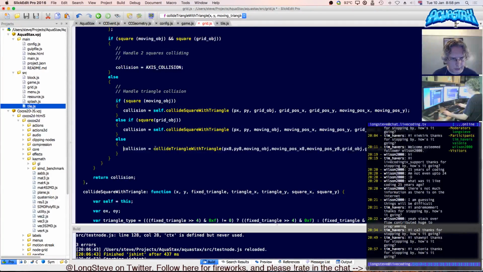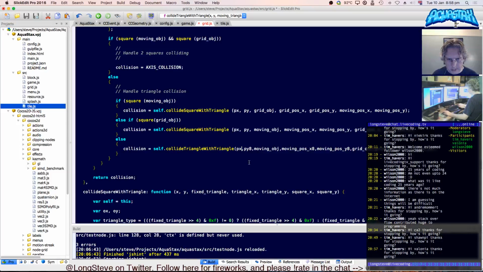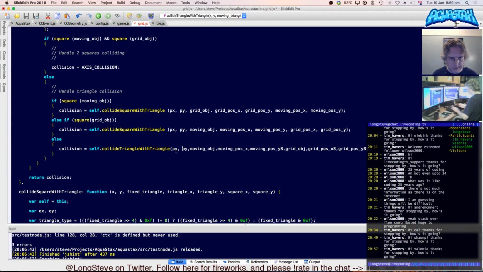Now we can call self dot collide triangle with triangle. X8 py8. So we've got moving obj, moving pos x, pos y, grid obj. Let's just hide that away so I can see what I'm doing.